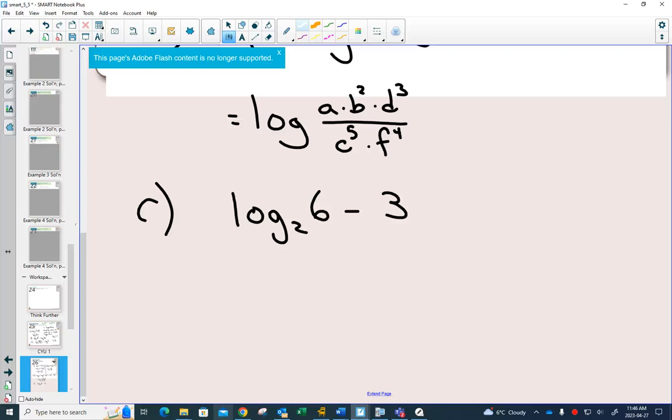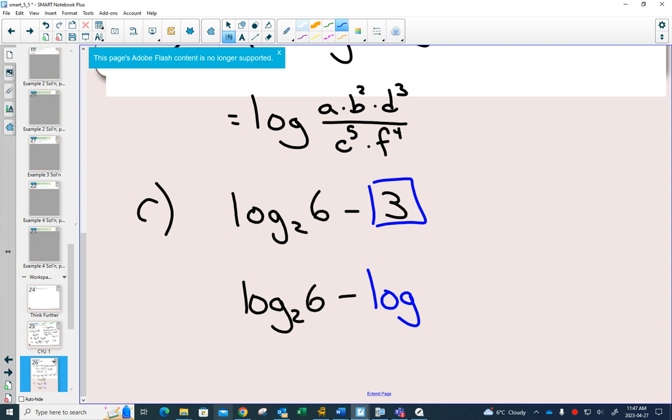So what we're going to do with this one, put a blue box around this 3 and say, is there a way that I could write the 3 as a log with the same base of 2, but something in here? Is that possible? Can you do that mental math? What number goes in the box so that that blue log 2 of something is equal to 3?